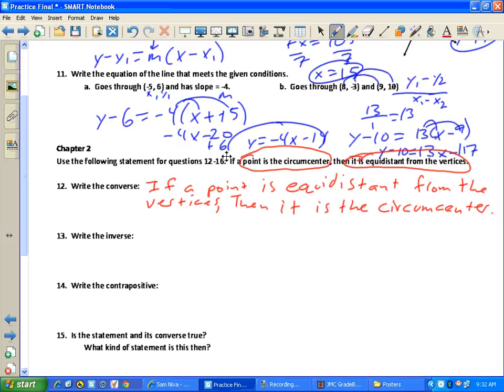The inverse, I'm going to keep it in the same order, but just put the word not in. So if a point is not the circumcenter, then it is not equidistant from the vertices.